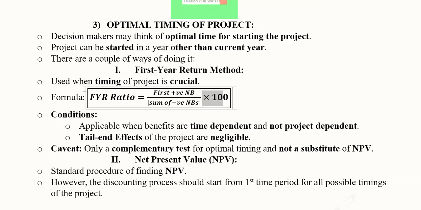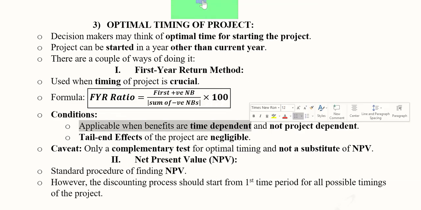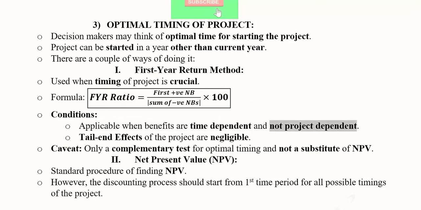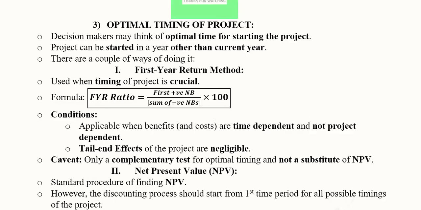Now the condition for this is that it is applicable where the time dependent benefits occur and not the project dependent benefits. This means that the benefits and the costs will change as the time changes, and they are not only dependent upon the project.